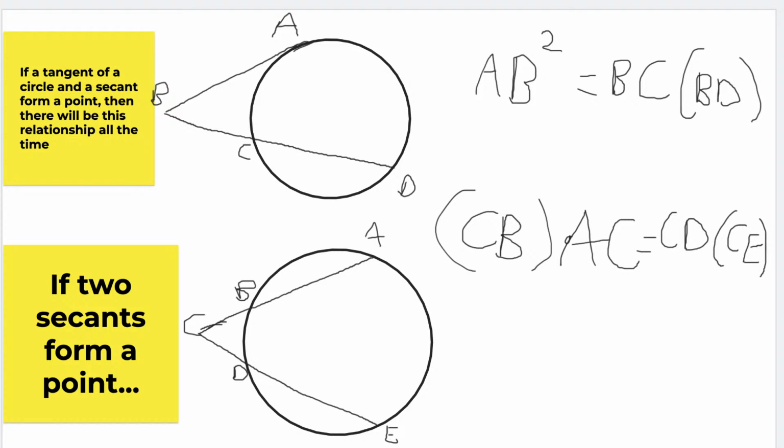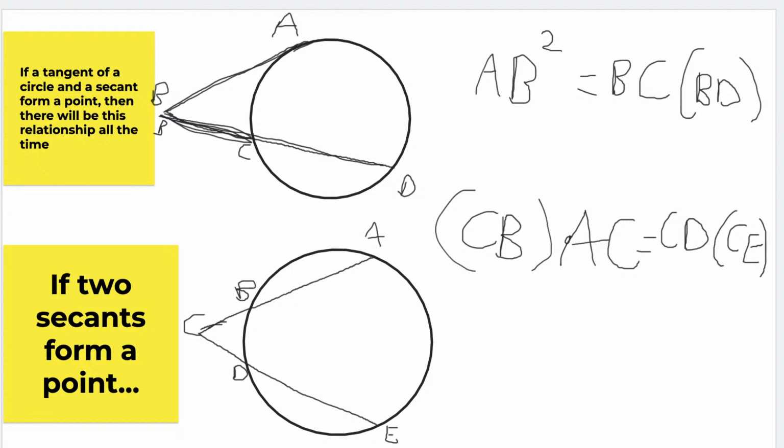They meet at the same point, point B. The relationship is: the length of the tangent squared equals the length of the part of the secant outside the circle, BC, times the entire secant line. I'm just going to call it S.